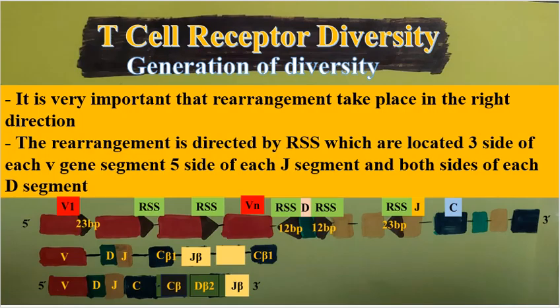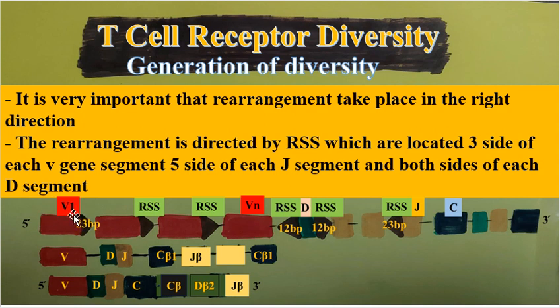It is very important that rearrangement takes place in the right direction. The rearrangement is directed by recombination signal sequences, which are located 3' of each V or variable gene segment.